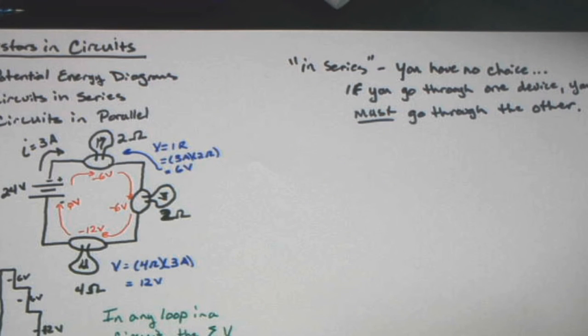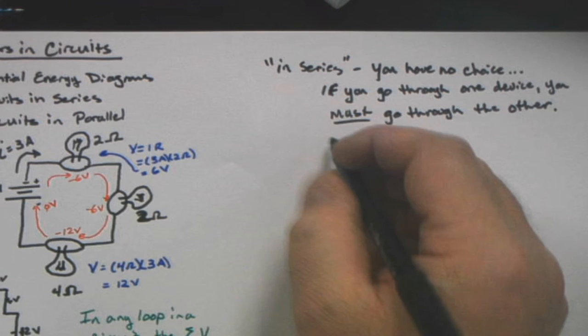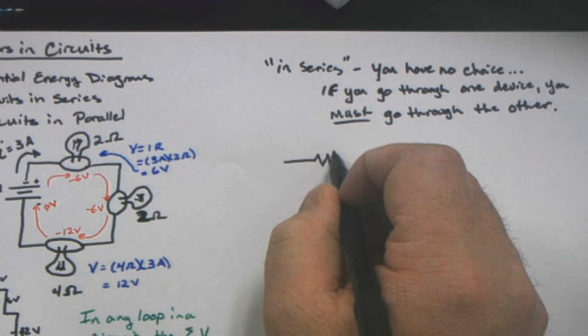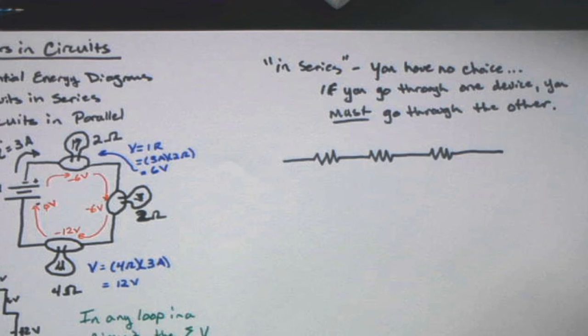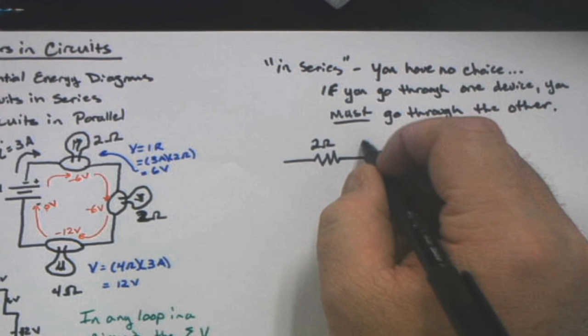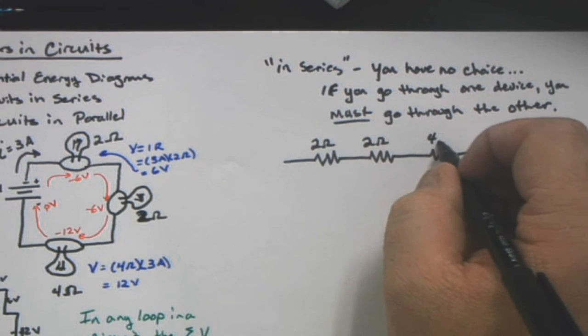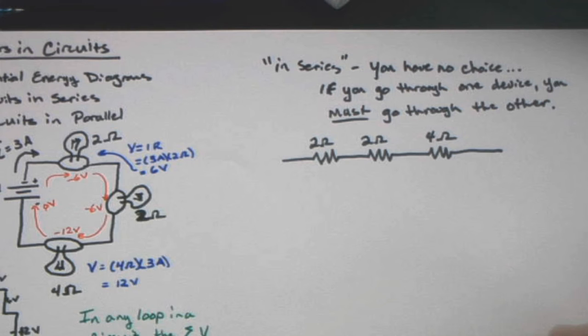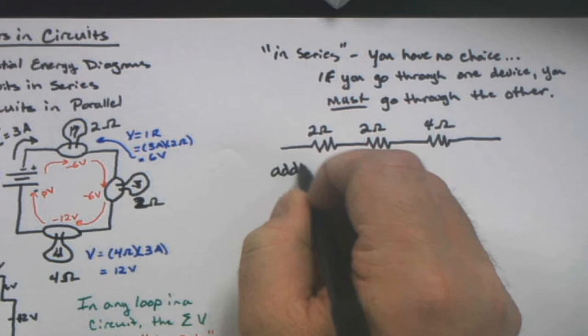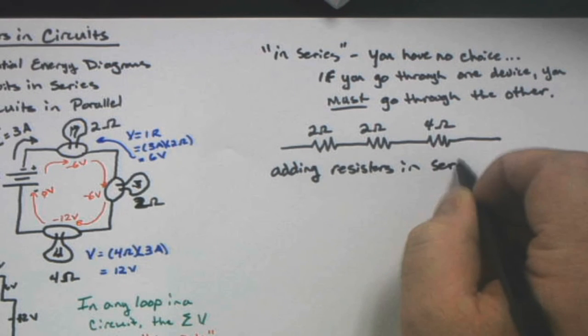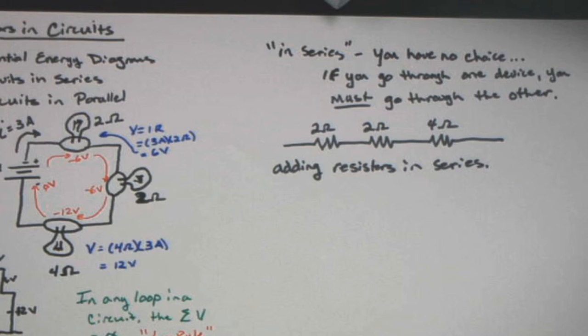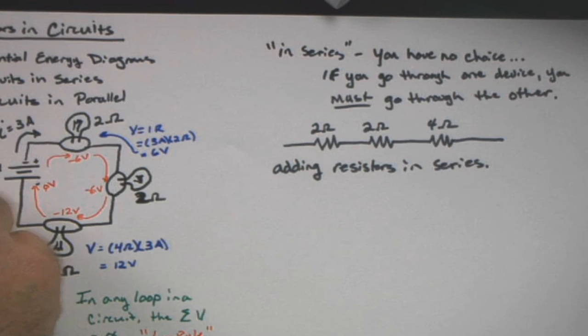If you go through one device, you must go through the other. With these resistors in series, it's as if they were all one resistor to find out what the total resistance is between these 2 points.